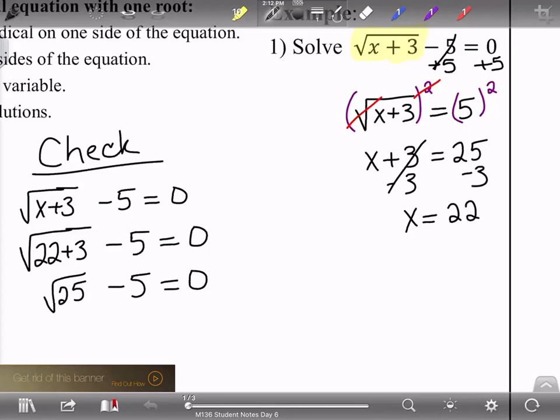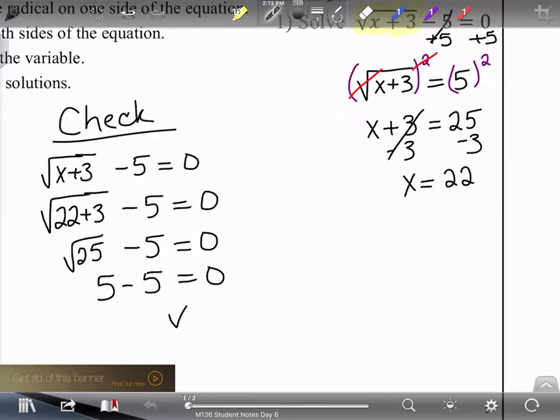Anyway, the square root of 25 is 5, and then we need to confirm, does 5 minus 5 equal 0? Well, yes, absolutely. So this x value of 22 is a solution.